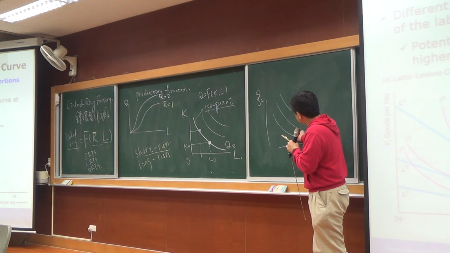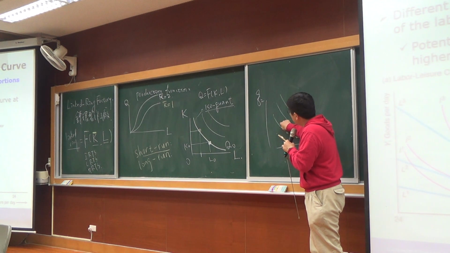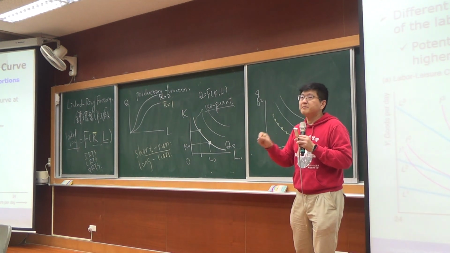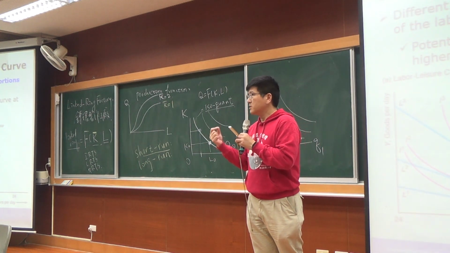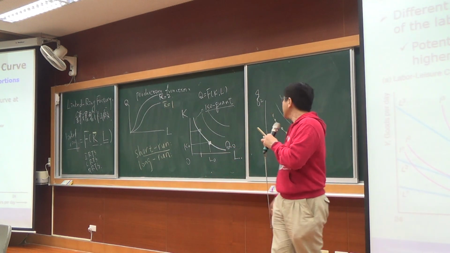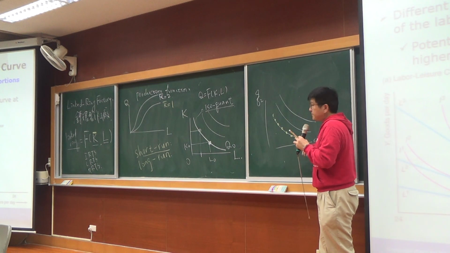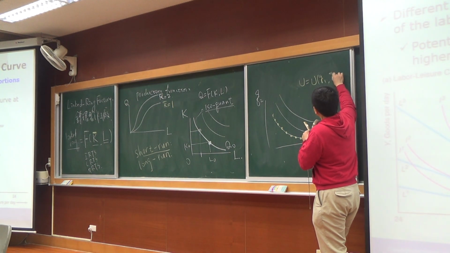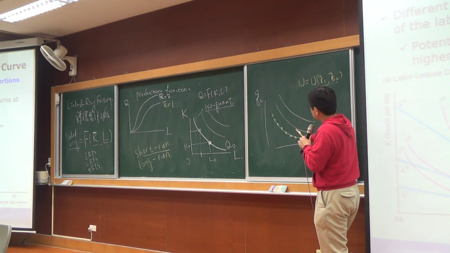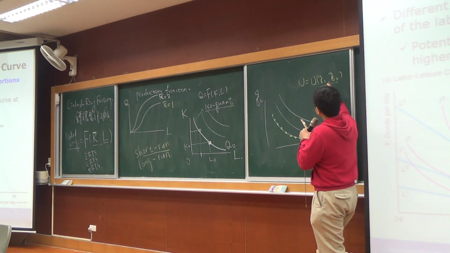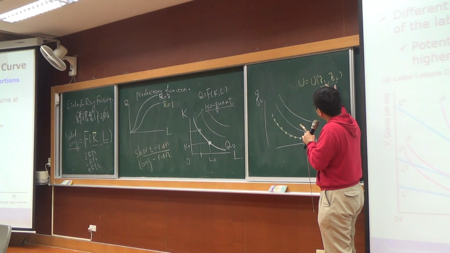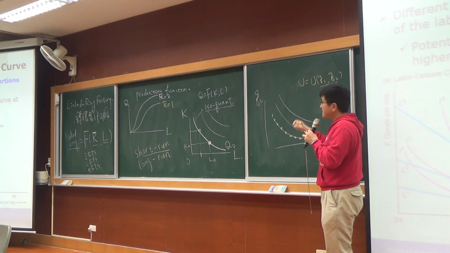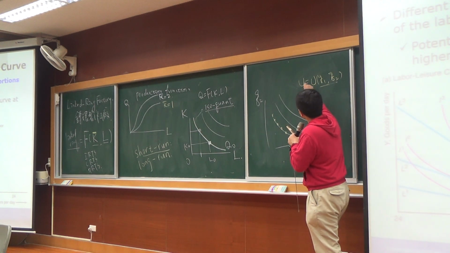All the points on an indifference curve provide us the same level of utility, right? So all combinations, if we put them into the function, provide the same utility level, say U0.